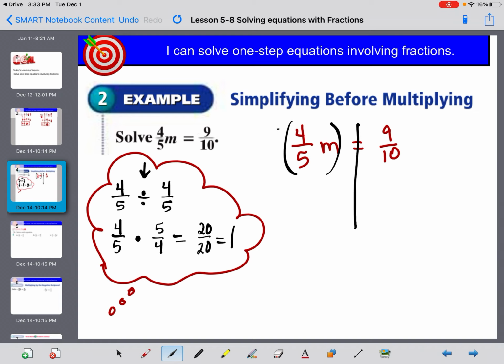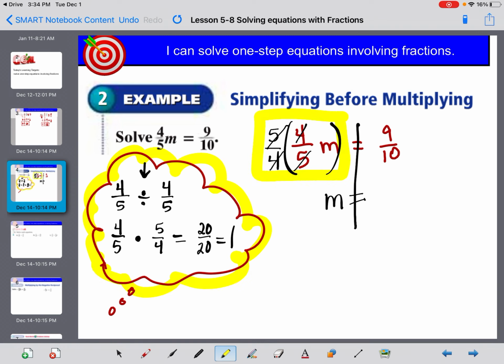And I multiply by the reciprocal. And then look what happens. And I'm left with just m. If you want to write everything that I have over here in the think bubble, you're welcome to do that. If you'd rather just write this as a shortcut, go ahead and do that.